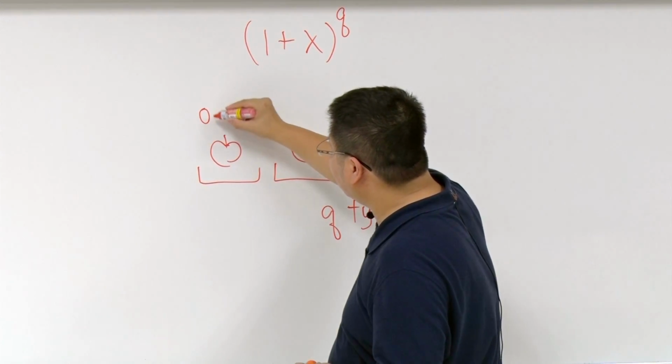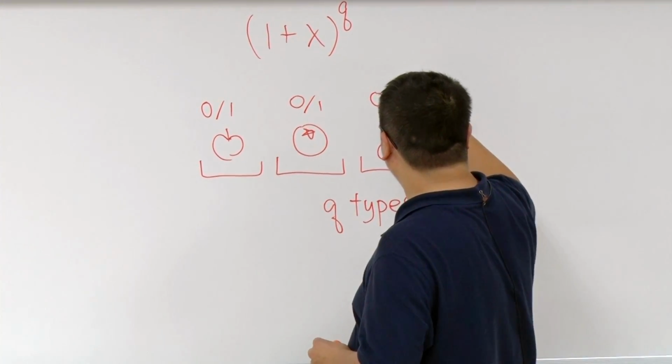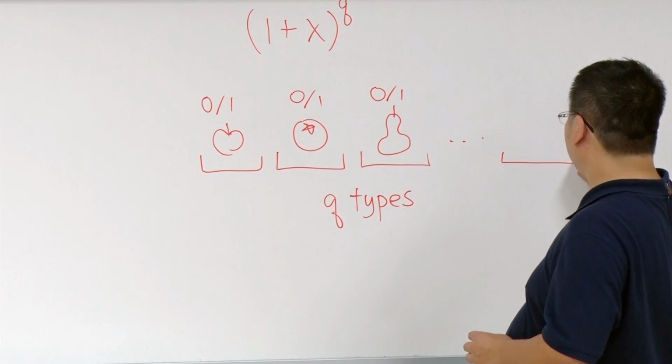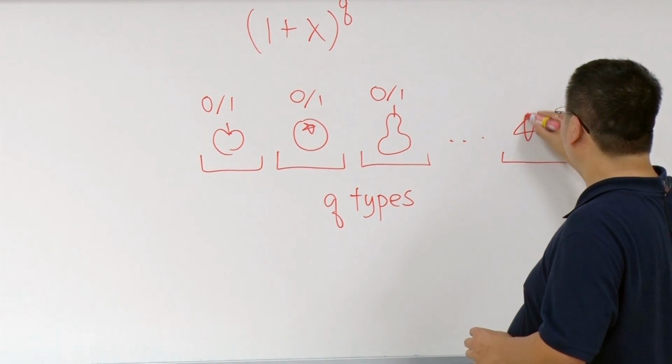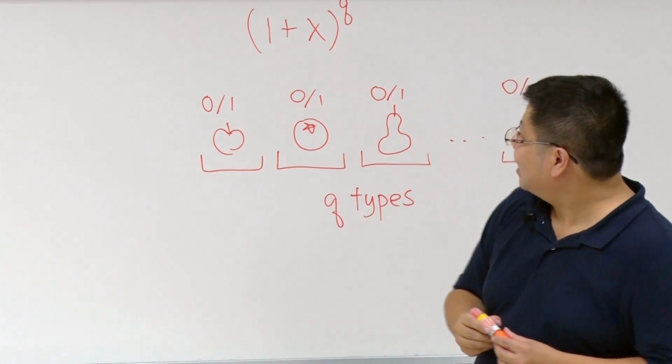I can choose 0 or 1, 0 or 1, 0 or 1. Is that okay? So there are q types of things. Let's say the last one is a star. I can choose 0 or 1. Is that okay?